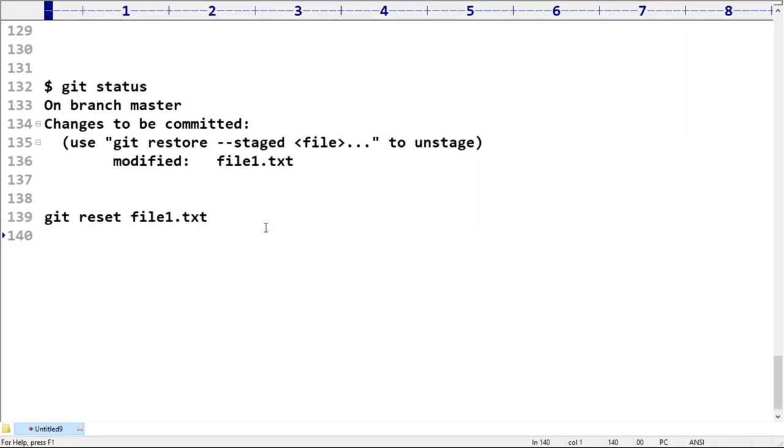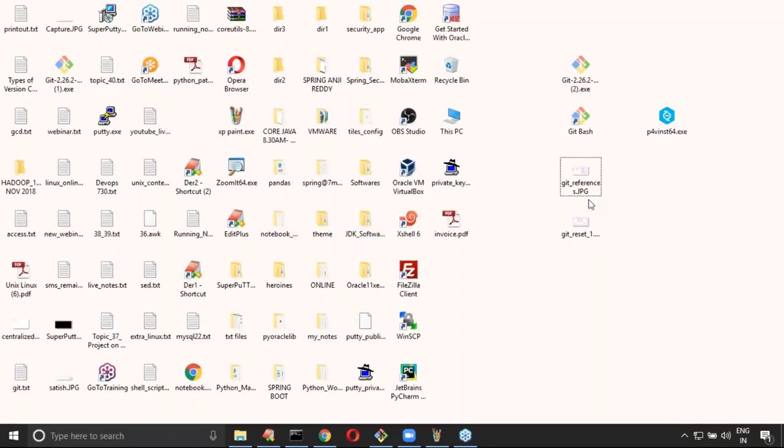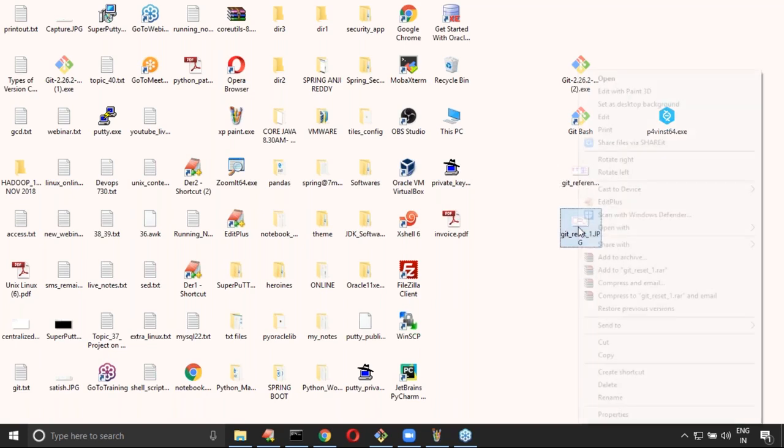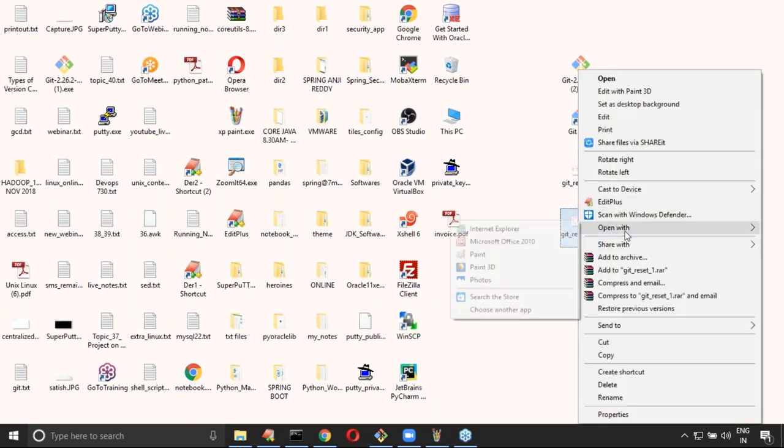If you want that, we have to go for the git reset command. This is the first utility to discard changes from the staging area. We already covered this.